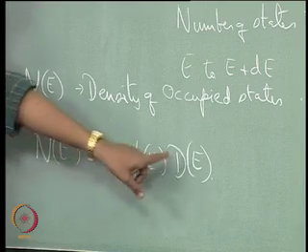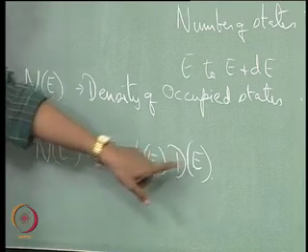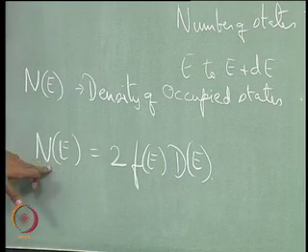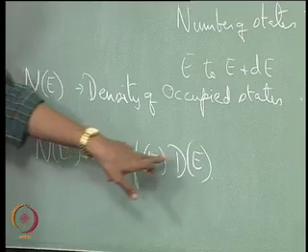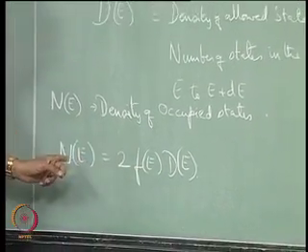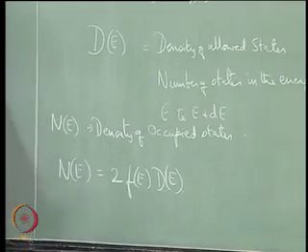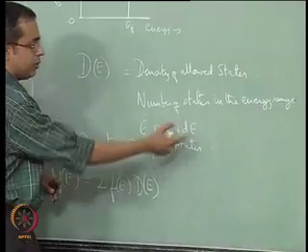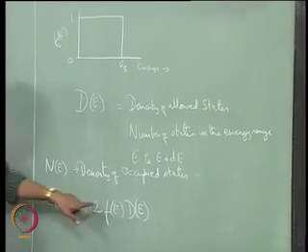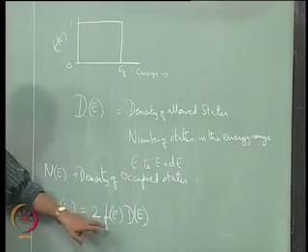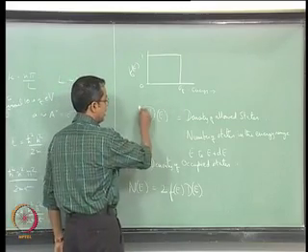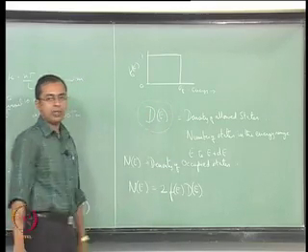If it is 100%, then all of them are occupied, if it is 50%, then only 50% of them are occupied, right. So the density of occupied states is the density of allowed states times the probability of occupancy, and of course since it is a density, we are still talking of this range E to E plus dE, fine. So this is what it is. For us it is of interest to get an expression for this, we would like to get an expression for this.